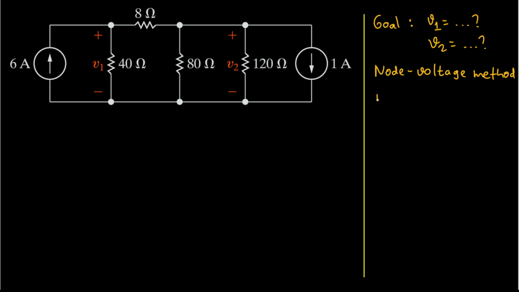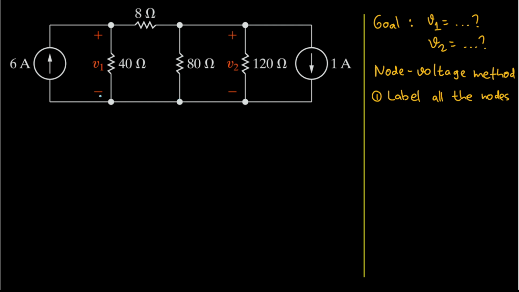Okay, the first step that we need to do is label all the nodes. And beside labeling all the nodes, we also extract all the available information from the circuit here.